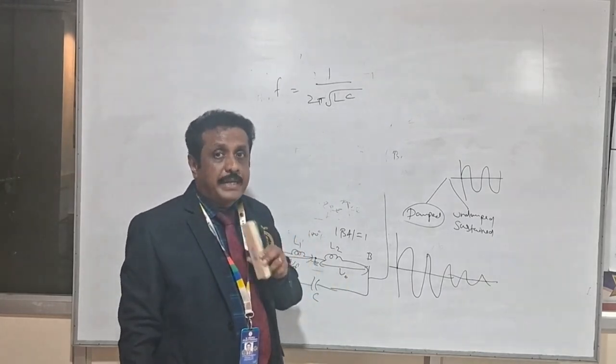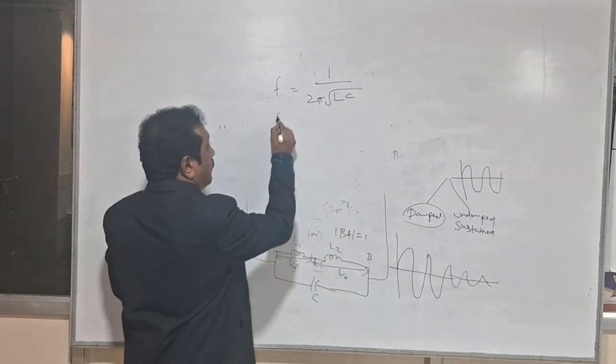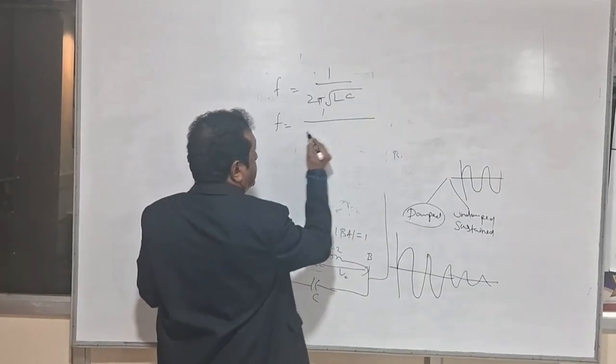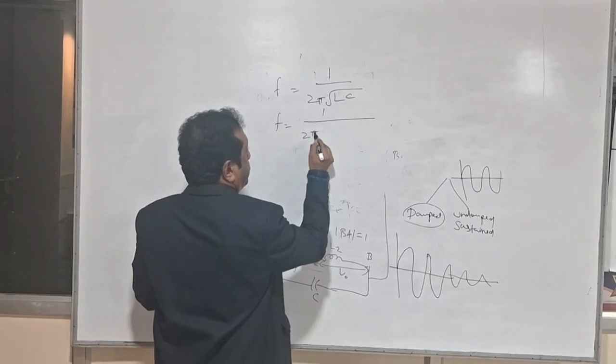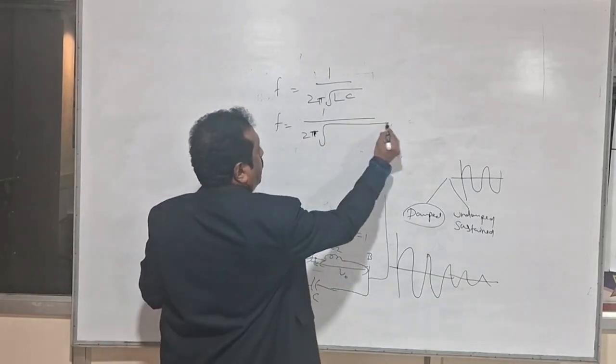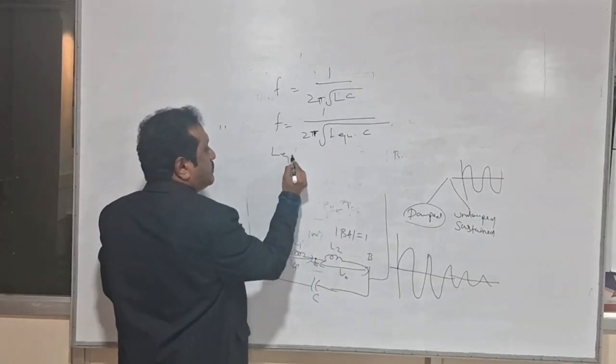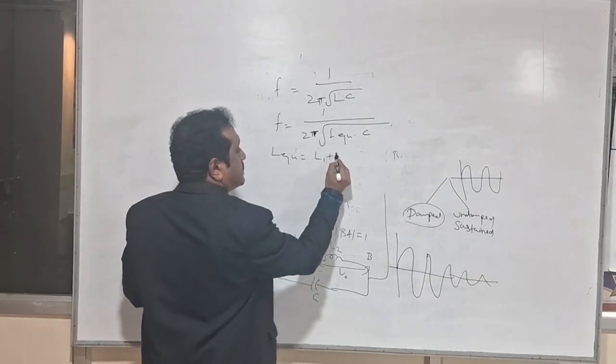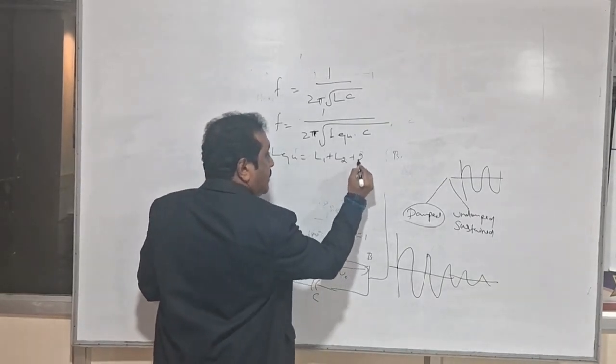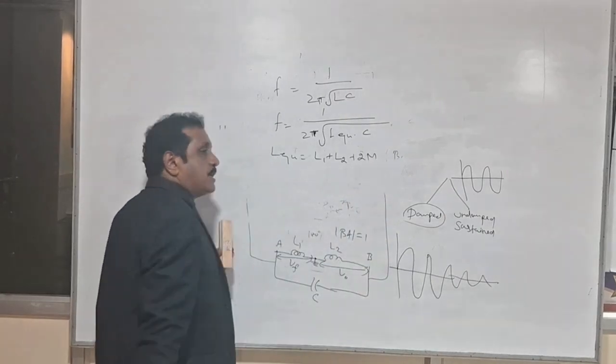Since we have two inductors, both in series, the frequency of oscillation of the Hartley oscillator is 1 by 2π square root of L equivalent into C, where L equivalent is L1 plus L2. Here we have to include one more term, 2M.